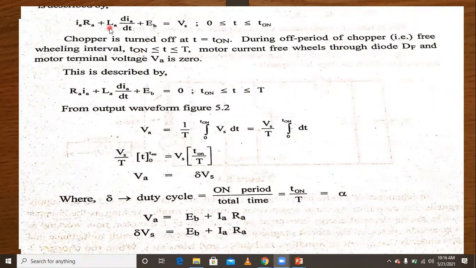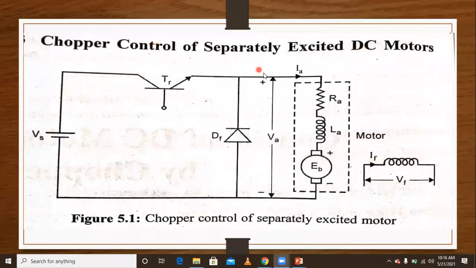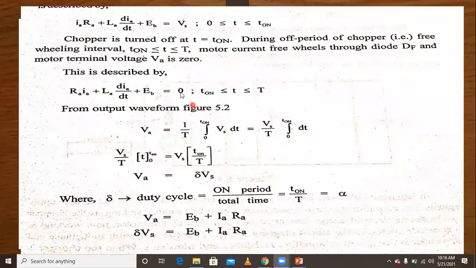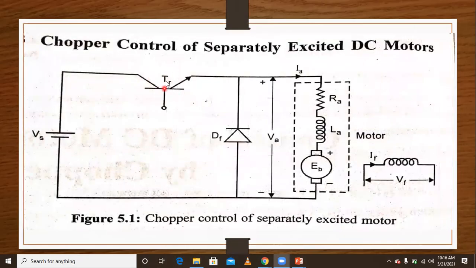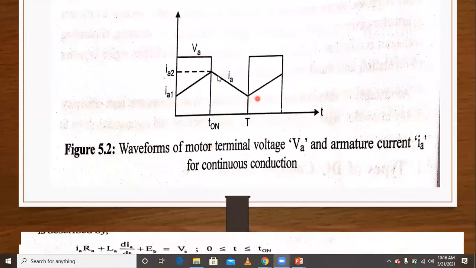Because the chopper is turned on, VS is equal to IA into RA plus LA into dI by dt plus EB. Am I right? So this is the equation.